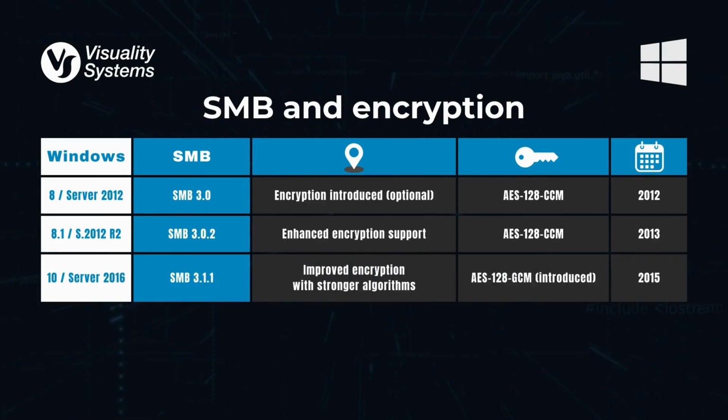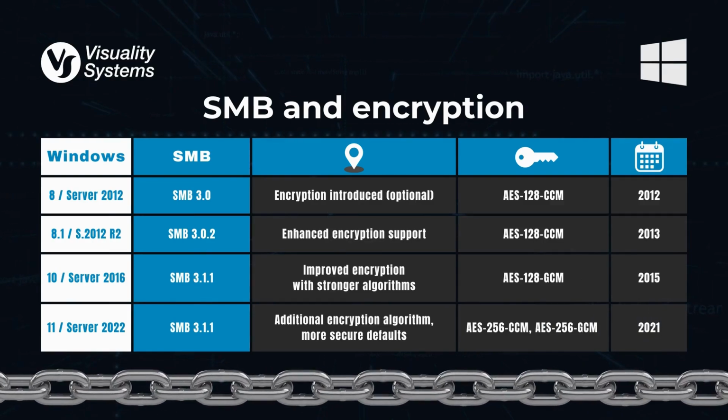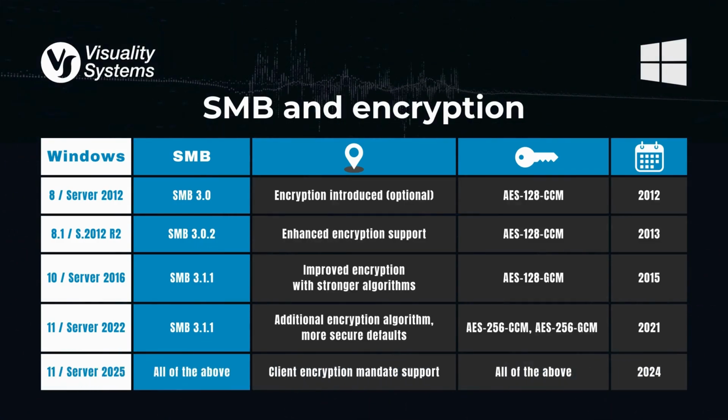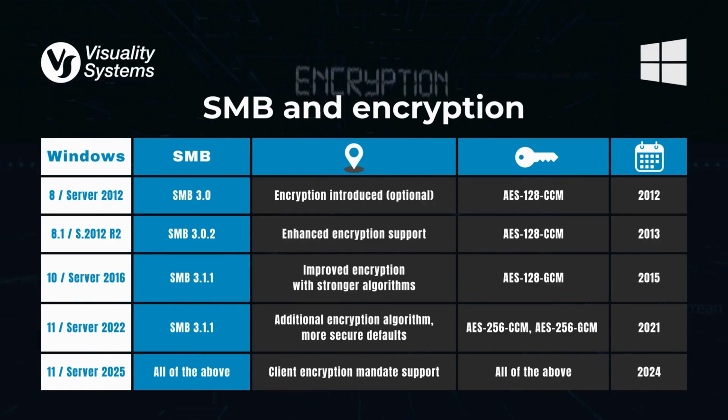In 2015, Windows 10 and Server 2016 introduced SMB 3.1.1, bringing more robust encryption algorithms, including AES-128-GCM alongside CCM. By 2021, Windows 11 and Server 2022 added even stronger encryption capabilities, introducing AES-256-GCM alongside CCM and setting more secure defaults for SMB connections. Finally, Windows 11 and Server 2025 introduced support for mandatory client encryption, ensuring the highest level of security with all previously available algorithms.